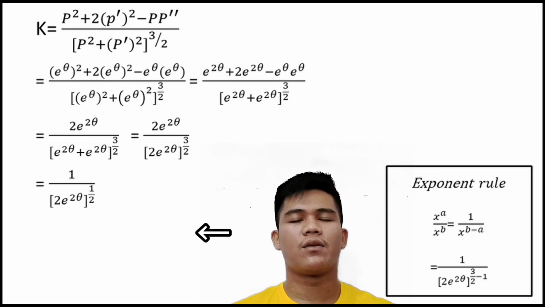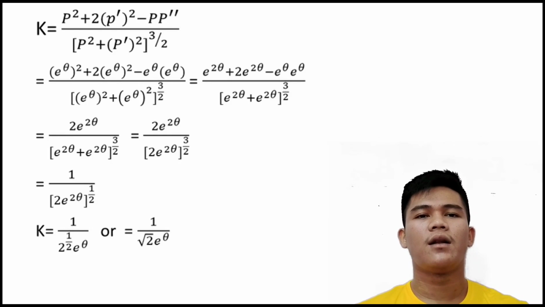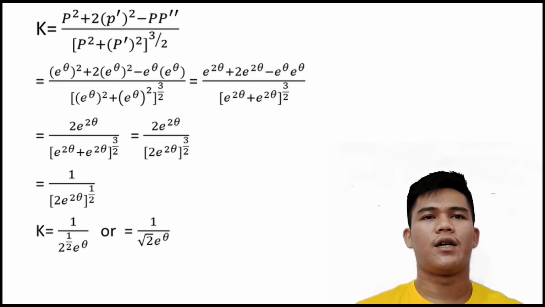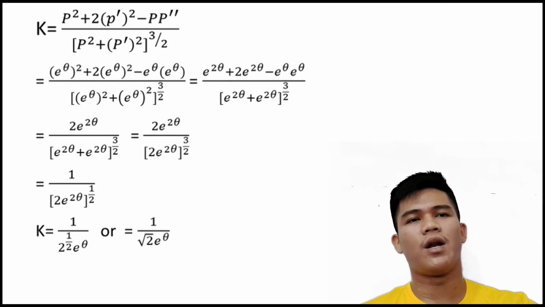Or the curvature is equal to 1 over 2 to the power of 1 half e to the power of theta, or it is equal to 1 over square root of 2 e to the power of theta. So that's all for our example in the curvature of a polar curve.